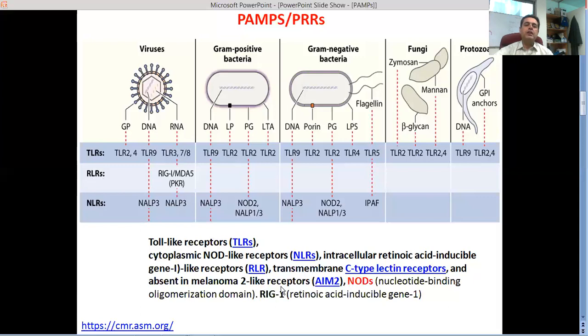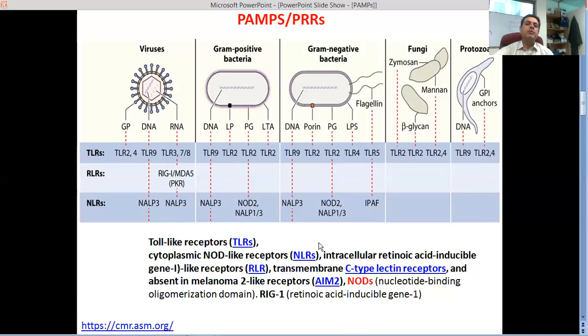As you see here, these receptors are also PRRs. Transmembrane C-type lectin receptors present on the surfaces of cells are also PRRs. They also are recognizing different patterns. And absent in melanoma 2-like receptor AIM2, NODs, nucleotide binding oligomerization domain, or RIG1, retinoic acid inducible gene 1.